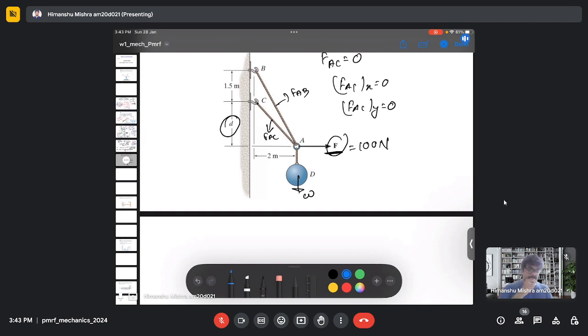Also, to define complete equilibrium of a body, you need to equate the summation of forces to zero as well as the moment. So the summation of forces and the summation of moments should both go to zero.